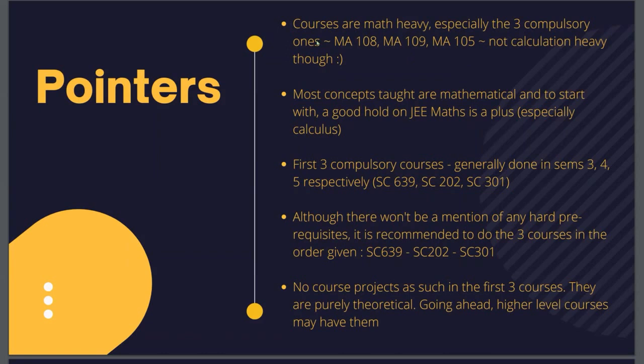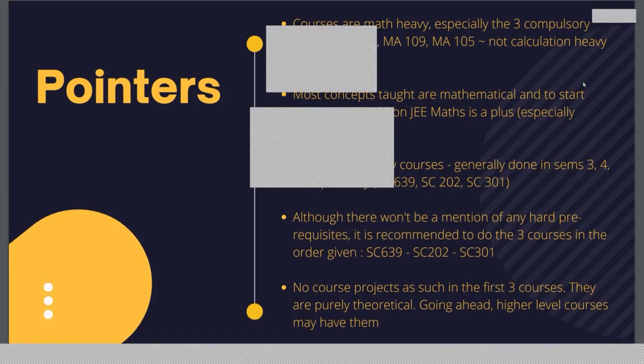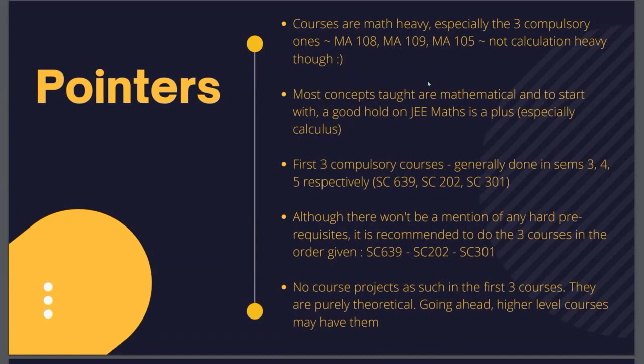So these are some pointers, and this is where I'll spend most of the time discussing. The courses are math heavy, as I said, and especially the three compulsory courses have heavy math involved, similar to the math you studied in MA 108, 109, or MA 105, if someone is from an earlier course structure.